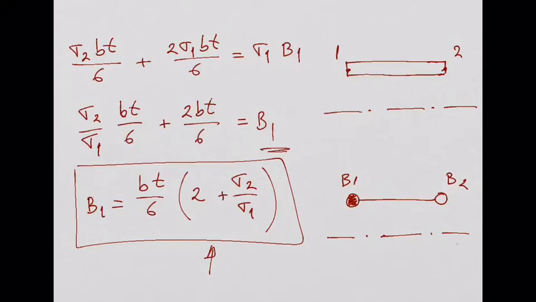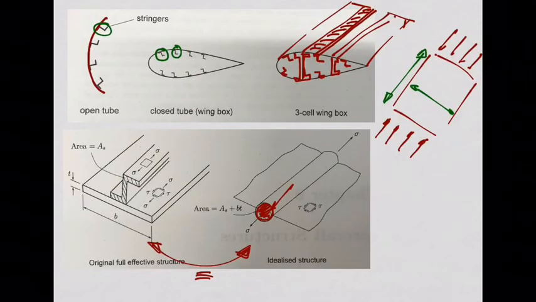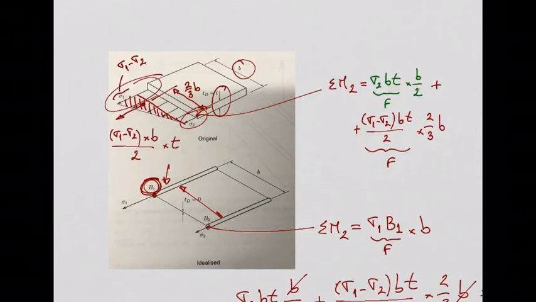Now, I know that these stresses, sigma 2 and sigma 1, so here I will have sigma 1, here I will have sigma 2, like the stresses we had here in our original plate. But I know that I built my idealized model by saying that these stresses, this triangular and rectangular distribution for the stress, come from bending, isn't it?